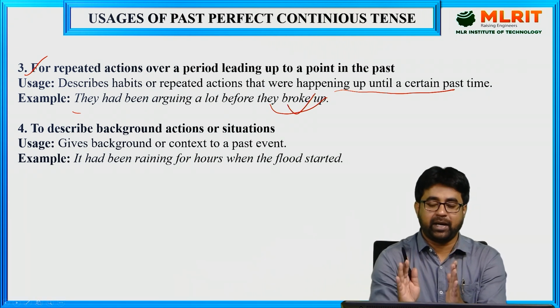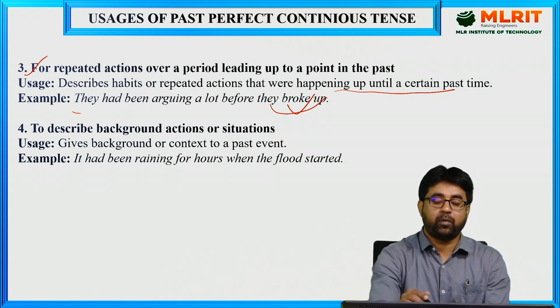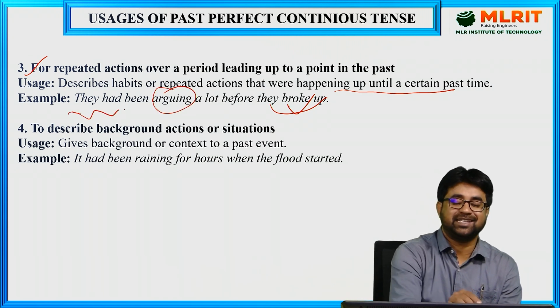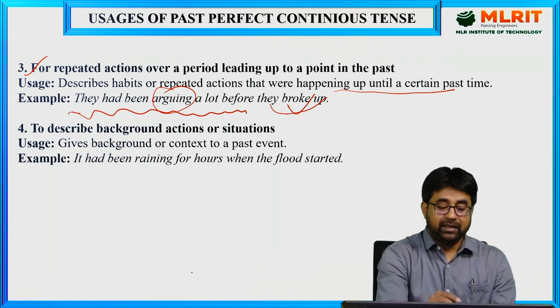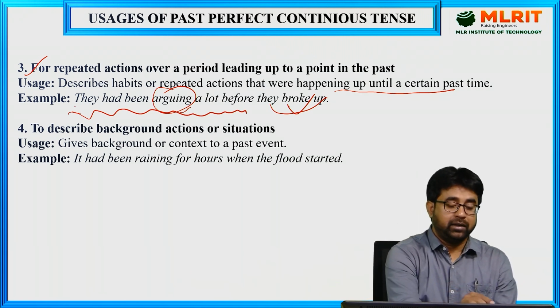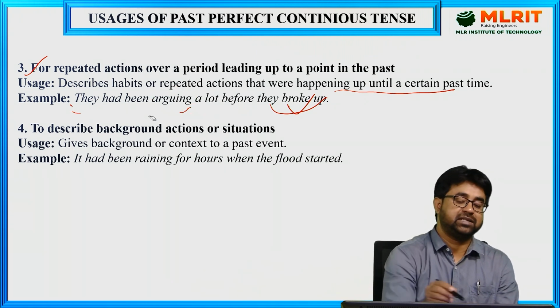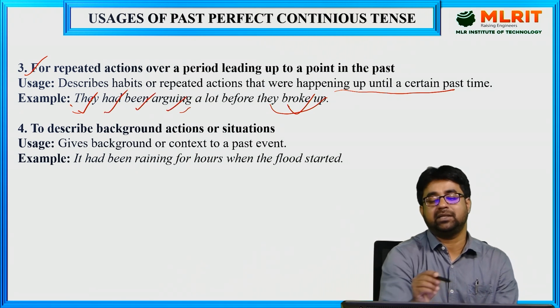That was the point in the past. Up to that point, which one was the repeated event? This arguing. So to describe these repeated actions in the past before a particular point, which tense am I supposed to use? Past perfect continuous. Now let's see the structure: subject had been plus V4.